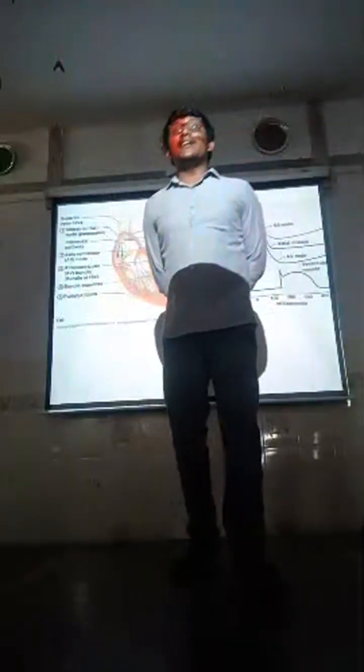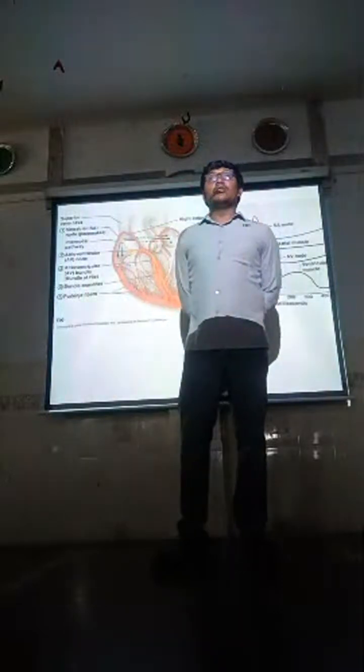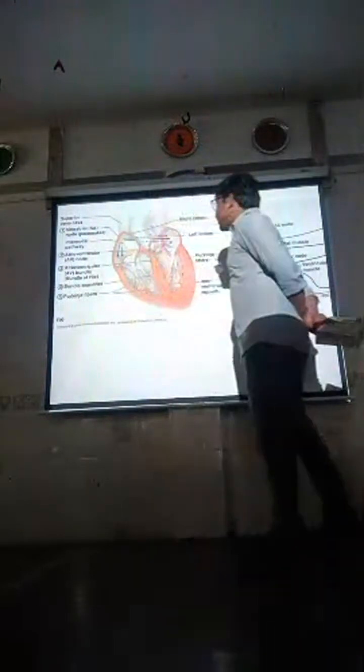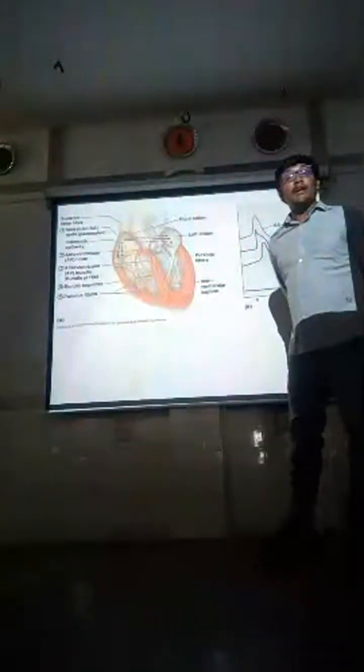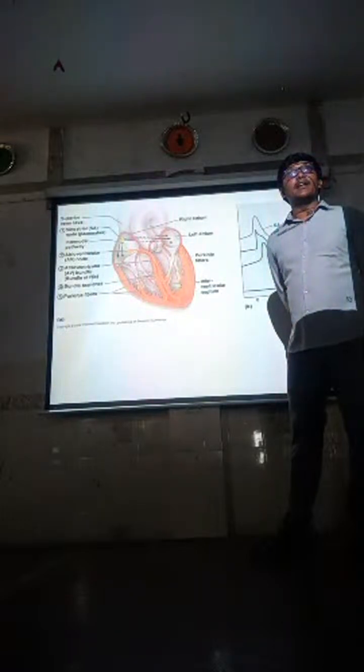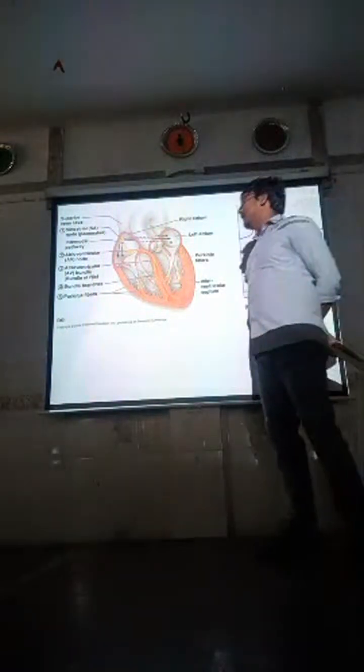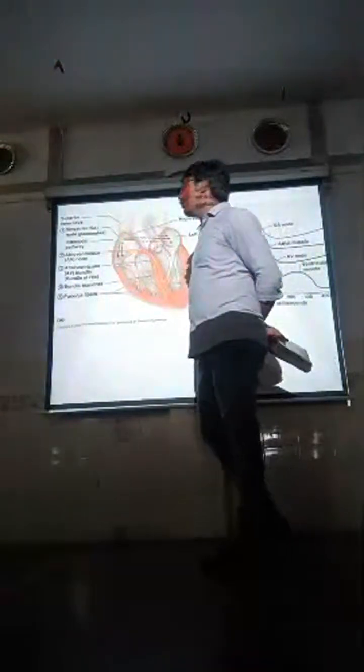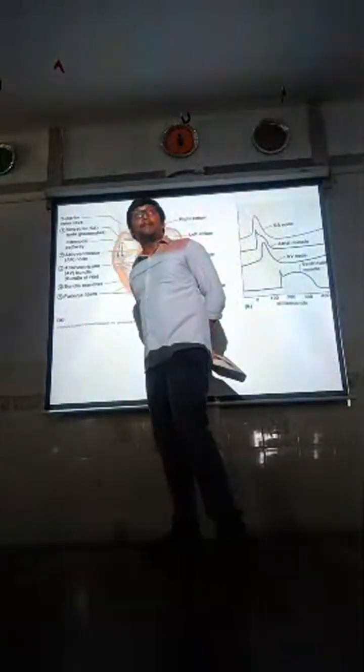Now listen to me carefully. We were discussing the conducting system of the heart. We have seen where the actual impulse starts. The impulse starts at a special node called the sinoatrial node, and then the impulse is carried to the atrioventricular node through the internodal pathway.